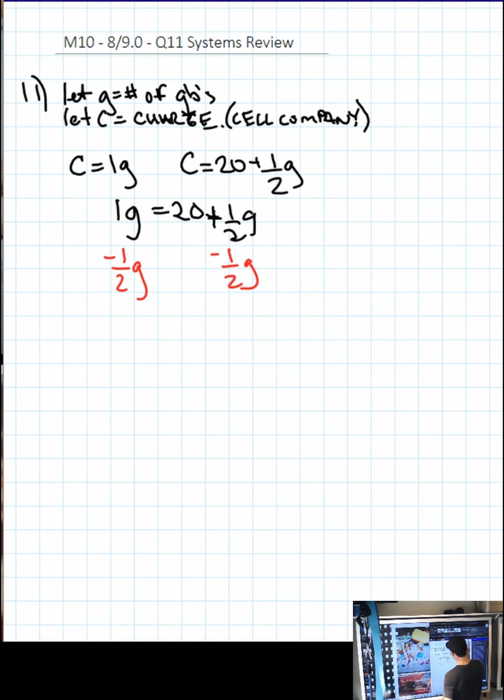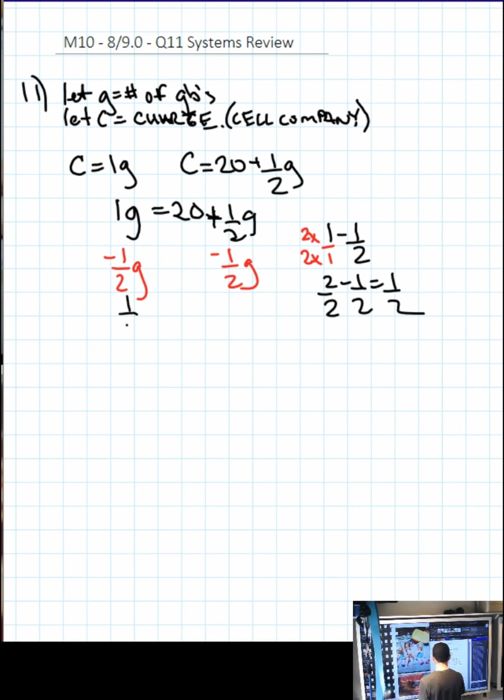So if we subtract fractions, 1 minus 1/2 is simply, times the top and bottom by 2, 2 over 2 minus 1 over 2 equals 1/2. And on the left-hand side, we simply have 1/2 G equals 20.